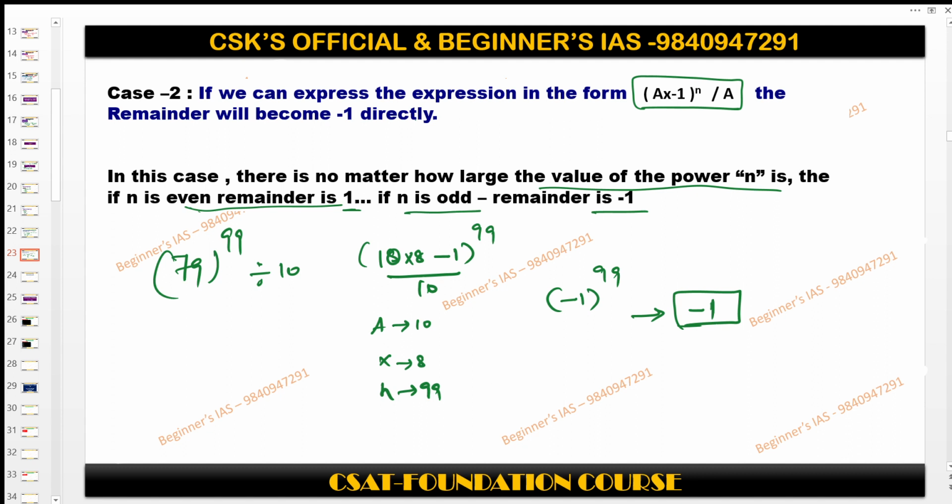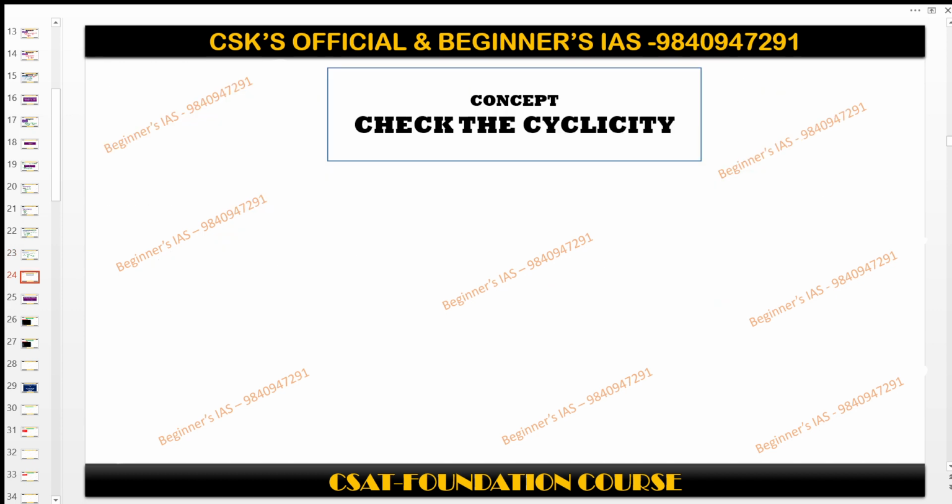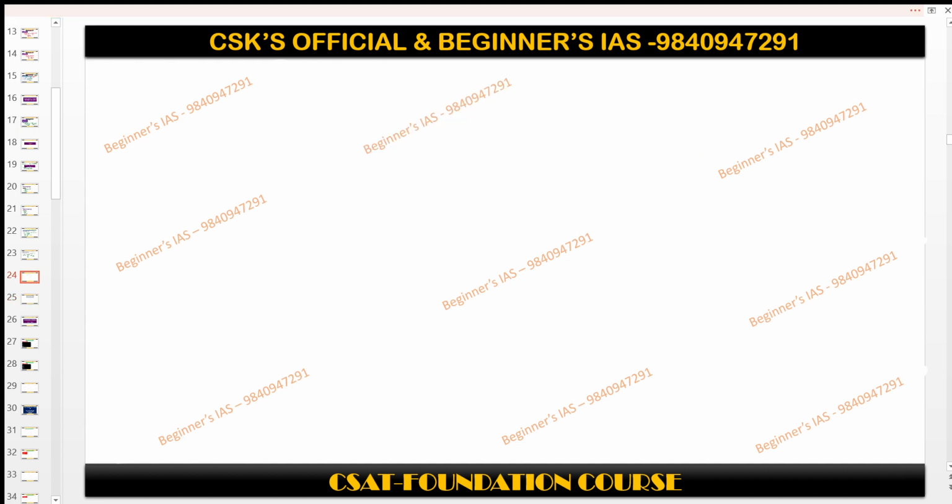Okay, so now let us find some other models here. The model that Manika asked about, we will see here. You may call that concept the cyclicity concept, or else I will tell you some other concept. So here, express the given in terms of getting +1 or -1 as remainder.